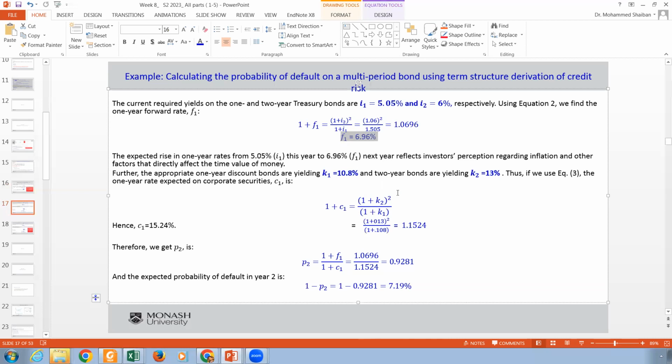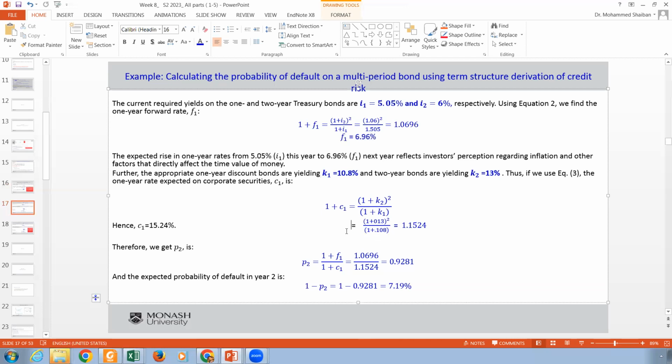I do the same thing because if I have this, the spot rate for year 1 for the K, for the corporate rate, and the spot rate for 2 years, then in this case, I can calculate by the same approach the forward rate for year 2.